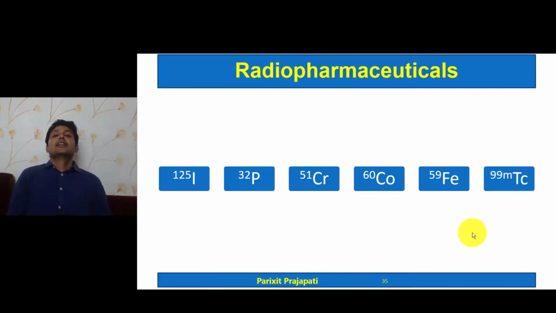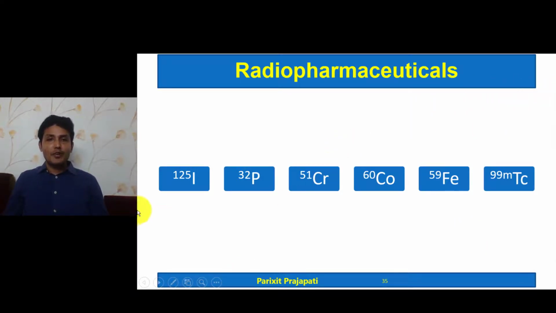Now, radiopharmaceuticals. Here are some of the radioisotopes which are used in pharmaceuticals as radiopharmaceuticals. Two purposes are there. One is they can be used in diagnosis, and second is they can be used in treatment or therapeutics. So which radiopharmaceuticals are used?